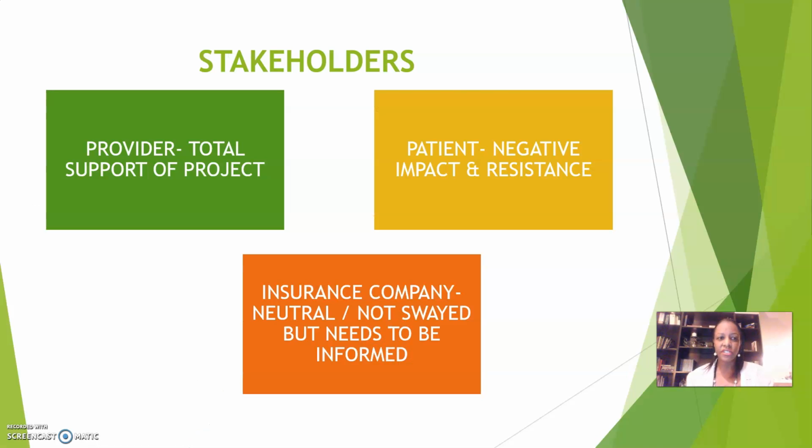Of our stakeholders, there are three categories: the provider, the patient, and the insurance companies. The provider would be in total support of this project, again for collaboration. The patient will probably be the negative one, the one that will have resistance. The insurance company can be swayed either way, but necessarily needs to be informed.